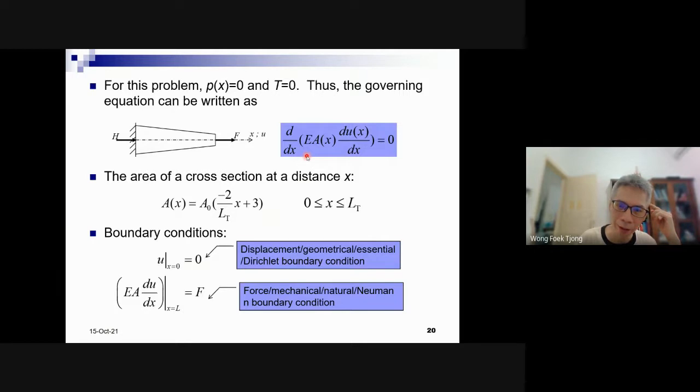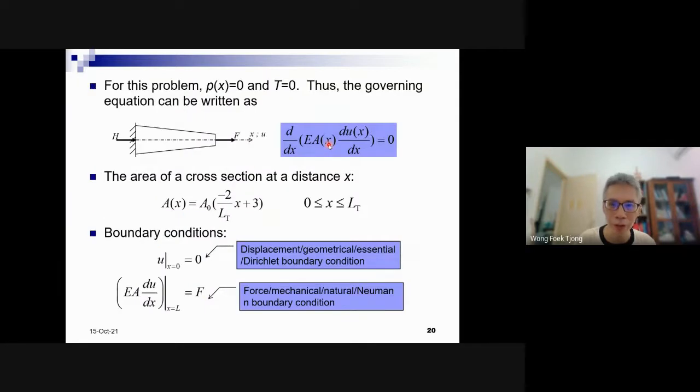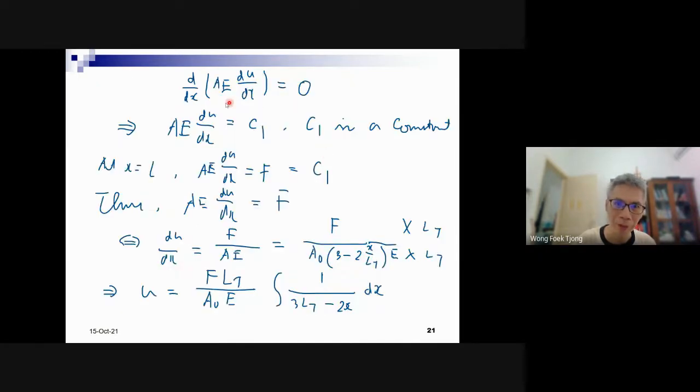And then the subsequent task is how to solve this differential equation using calculus and our knowledge of differential equations. The derivative of something is 0. So what should this something be? It must be a constant, because the derivative of a constant is 0, right?